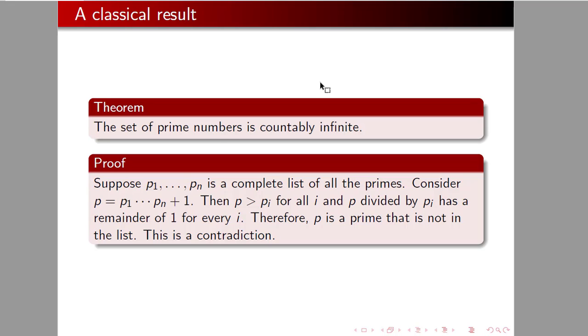Now consider the number p equal to the product of all those primes plus one. Then p is greater than each of the pi's, and p divided by each of the pi's has a remainder of 1 for every single i. Therefore, p is a prime number that is not in the list. Aha, so we have a contradiction.